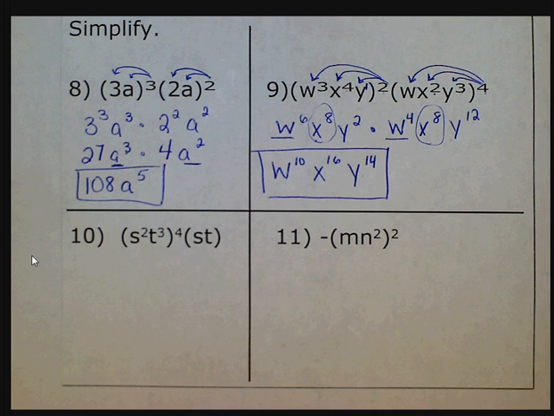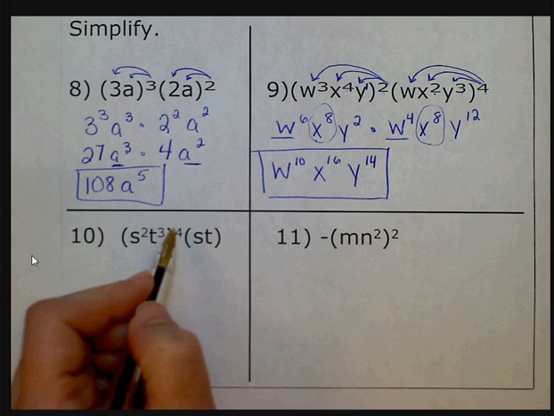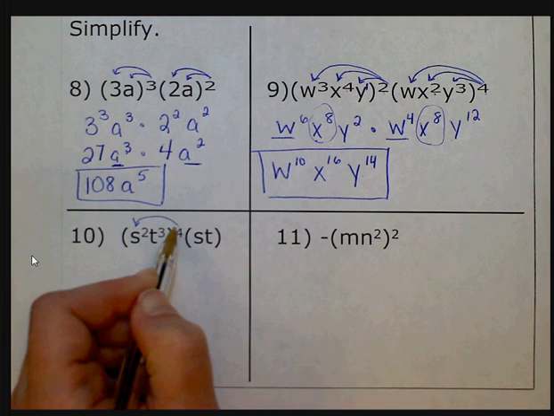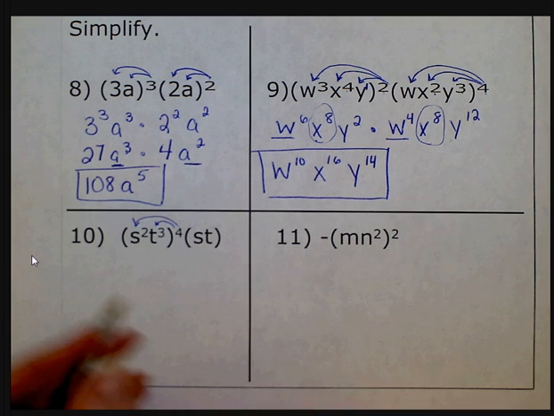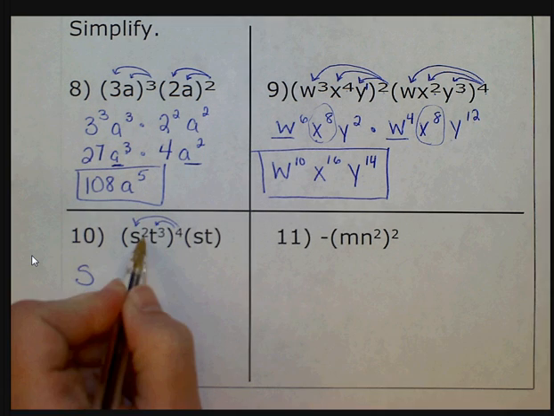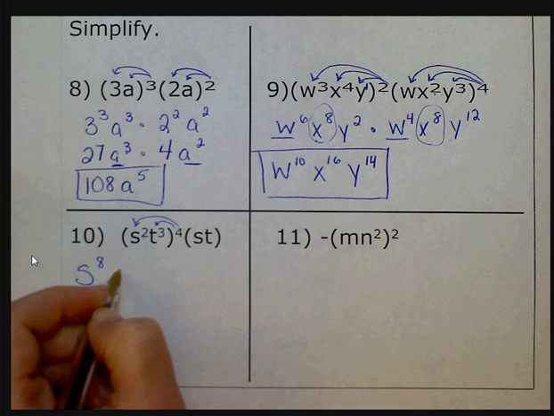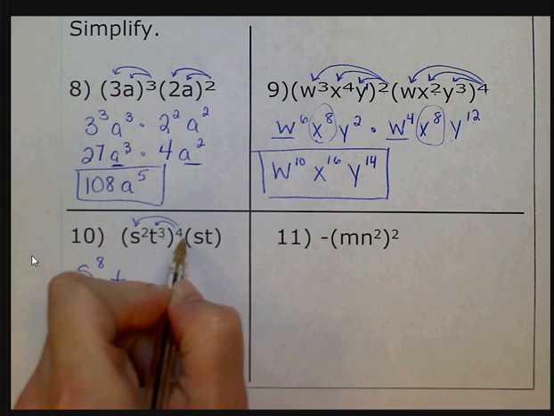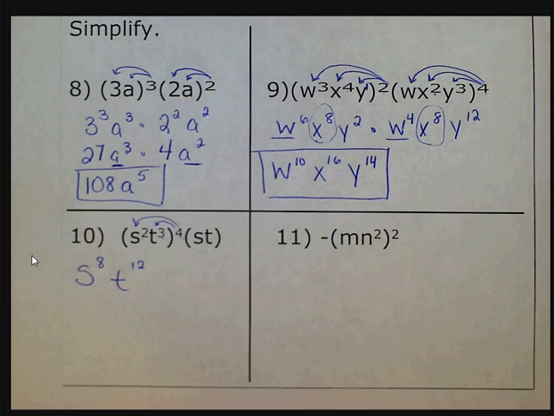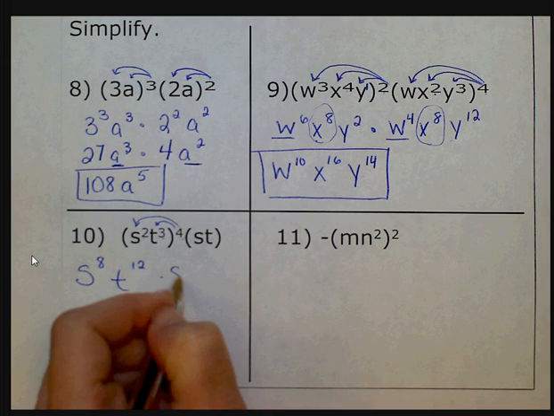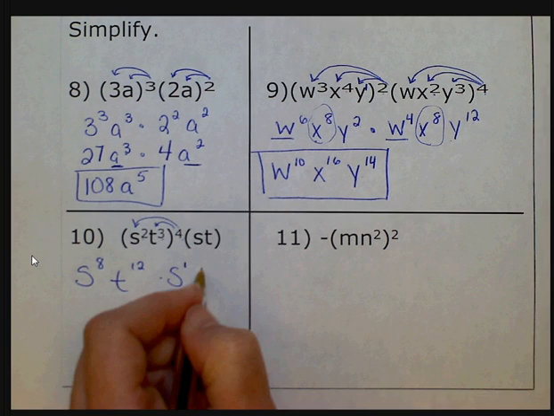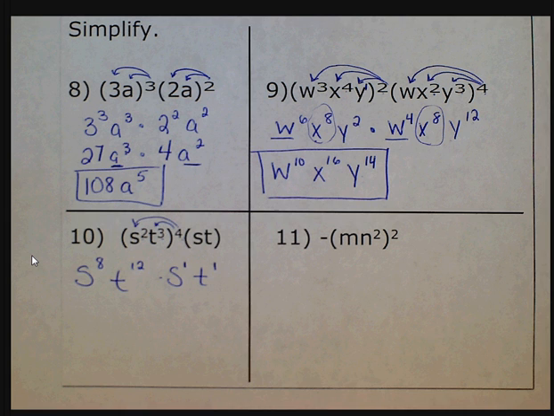All right, last 2 examples. Number 10. So here I have 4 that needs to be handed out to the s squared and the t to the 3rd. So I'm going to have s, 2 times 4 is 8, and t, 3 times 4 is 12, to the 12th power. And then I still have an s, remember, that's to the 1st power, and a t to the 1st power.